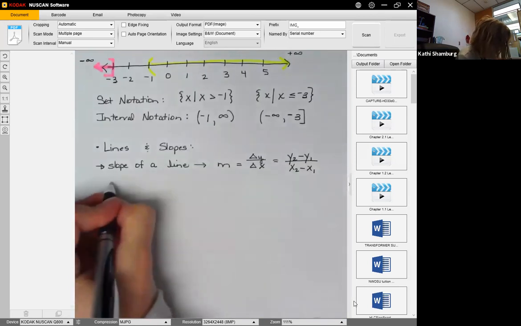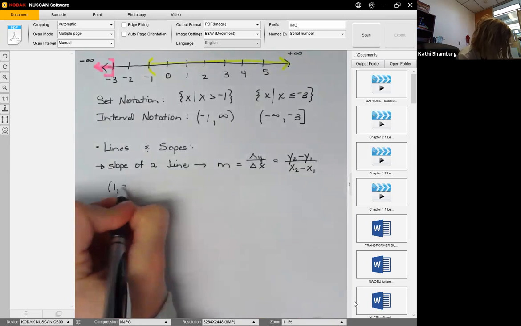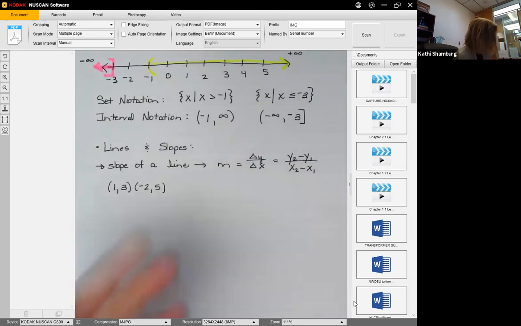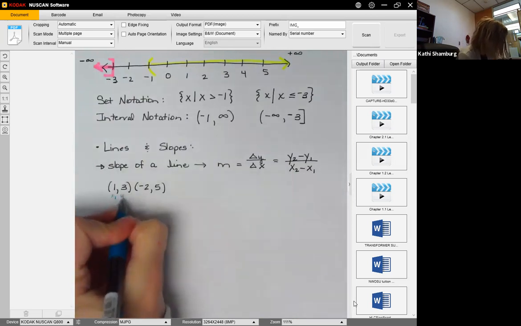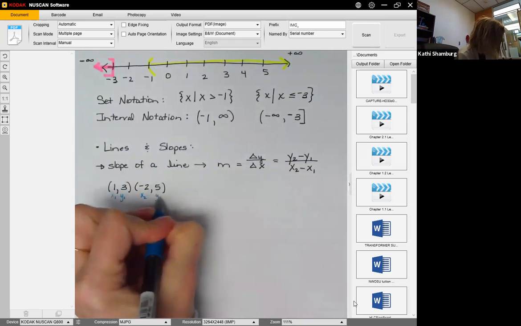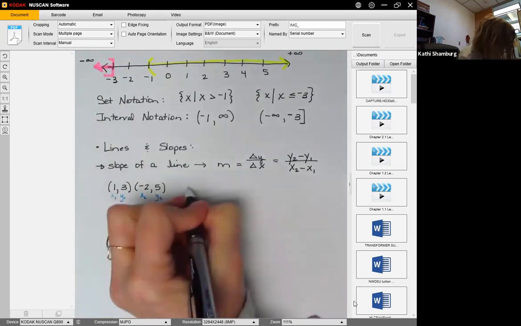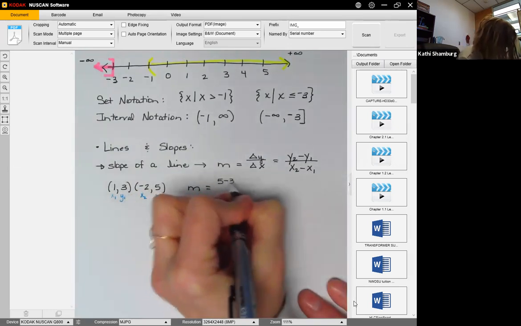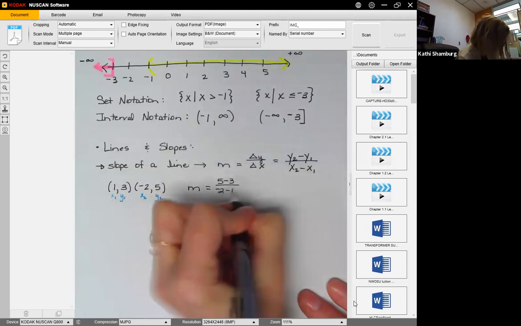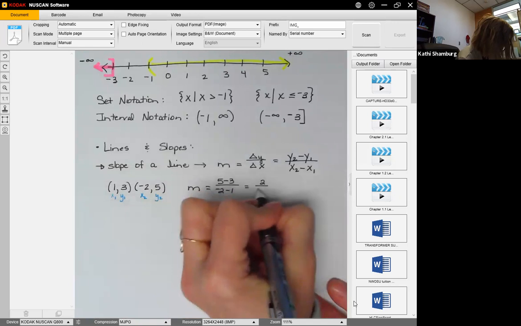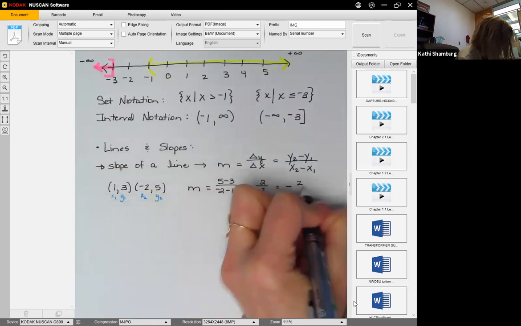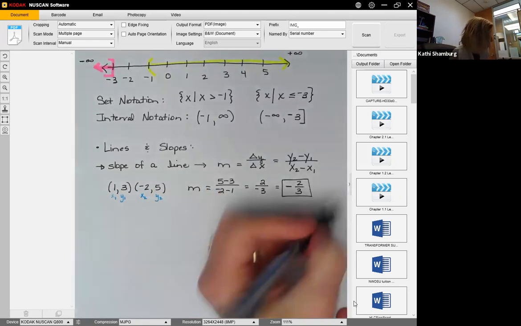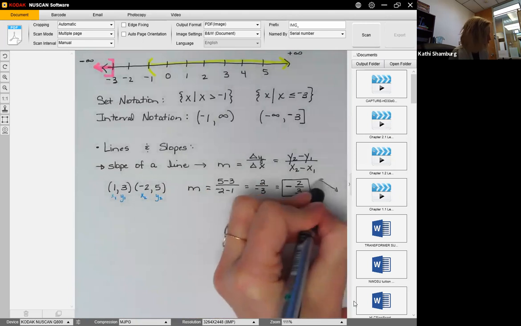Let's look at a few examples. The points (1, 3) and (-2, 5), considered x1, y1, x2, y2. Putting it into the formula, that would be 5 minus 3 over -2 minus 1. So you get 2 over -3, or -2/3. Since it is a negative slope, we know the line slopes downward.